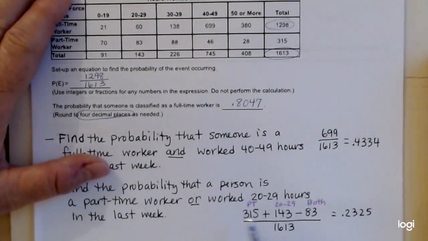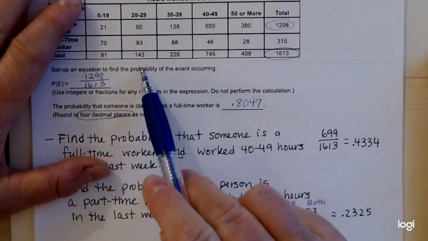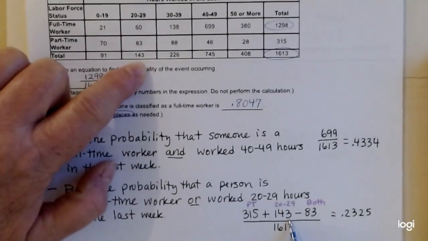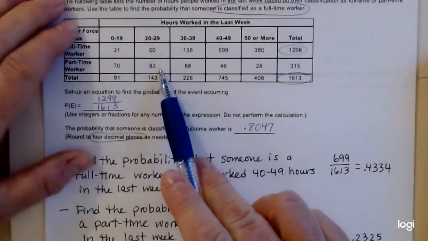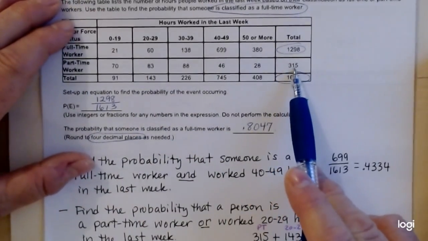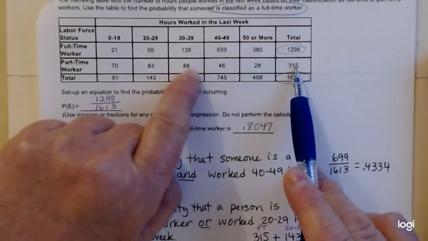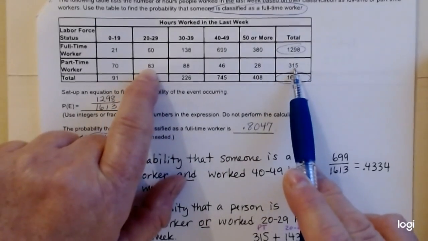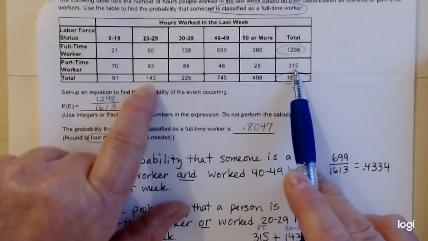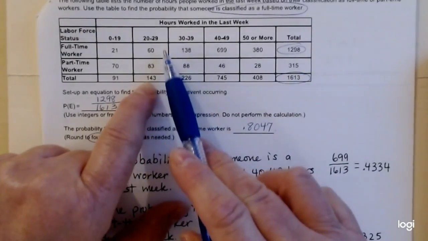And then we also need the number of workers that worked 20 to 29 hours a week. Well, if we look right here, that's 143. But then if we look closely, these 83 people are counted in this total because part-time workers are all of these numbers added up. So these 83 people have been counted in this total, but they've also been counted in this column of 20 to 29 hours last week.